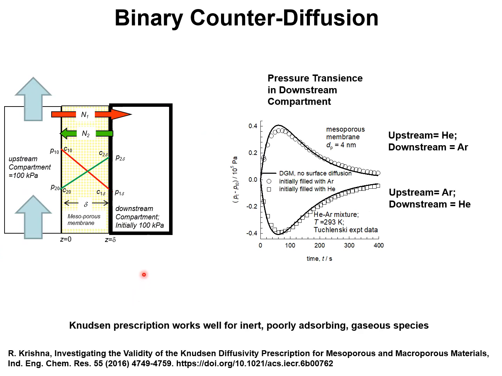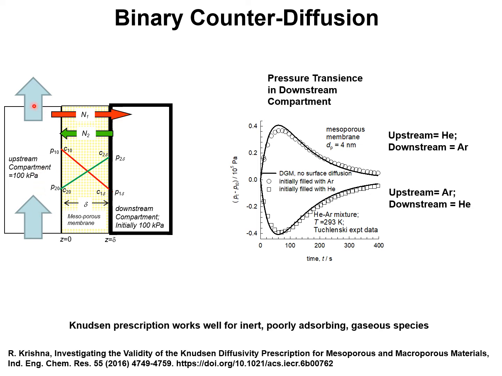We now examine a set of experiments reported by Tushlinsky. For description of the experiments and analysis, refer to my paper published in Industrial Engineering Chemistry 2016. The experimental setup is shown schematically here. The upstream compartment and the downstream compartment are separated by a mesoporous membrane, and the pore diameter is 4 nanometers.